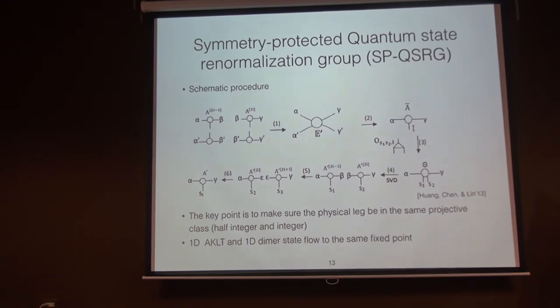When we do the SVD around this direction, we can get a new physical dimension. In this step, we just need to get the new physical dimension, and then we need to make sure S1 and S2 are in the correct representation.